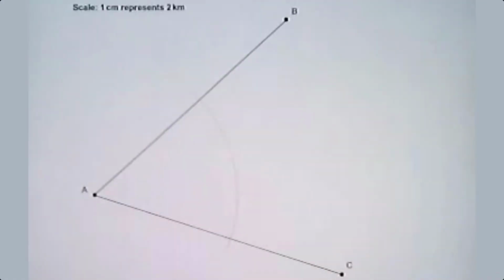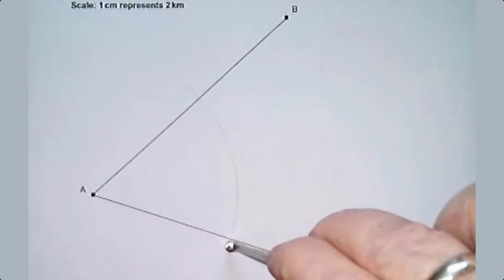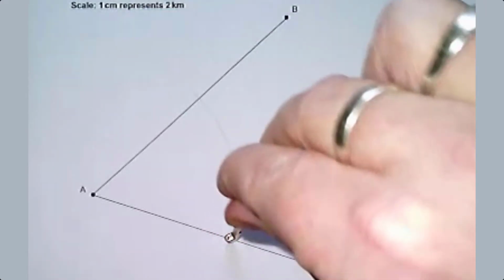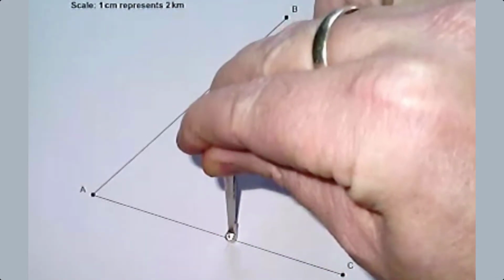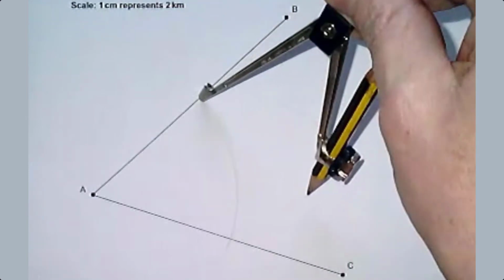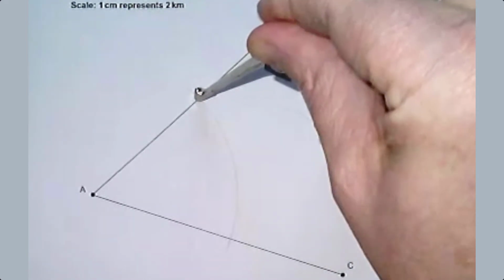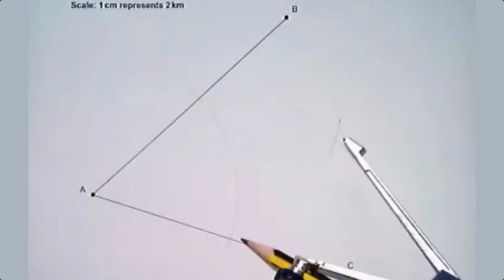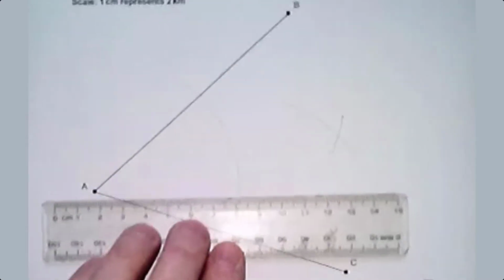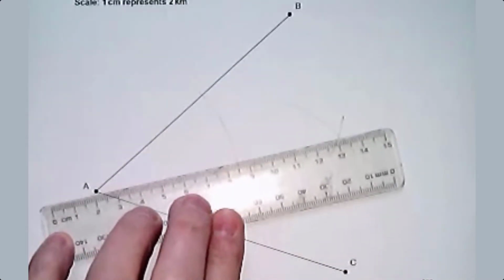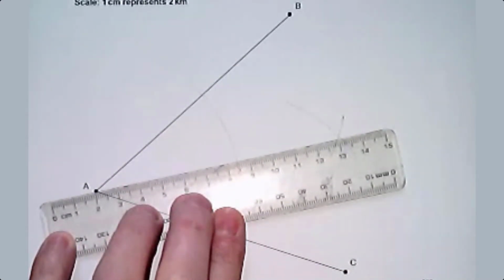Then moving the compass point to the first point of intersection on one arm, we're going to draw an arc in between the lines. And again, moving the compass to the other point of intersection, I'm going to draw another arc between the two lines. And where these two arcs cross is how I'm going to form my angle bisector. So I'm going to draw a straight line from A through that cross that I've just made.